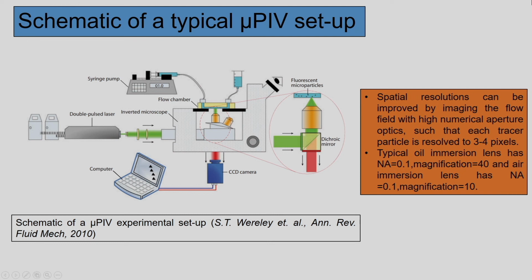So this is essentially the sump which is collecting the liquid, and this is the syringe pump that is shown, and this is the pipeline, and this is the micro PIV microchannel.